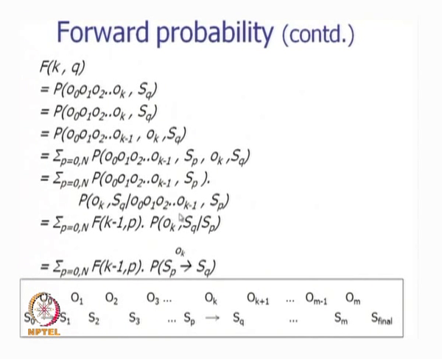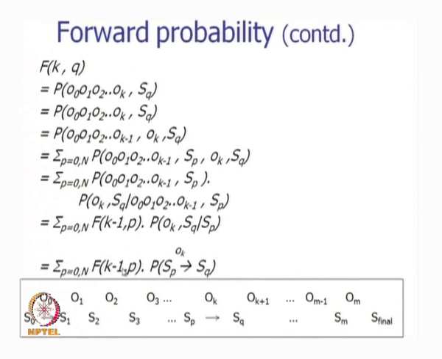Marginalization, chain rule, Markov assumption, and this produces the recursive expression for f k q. And it is easy to see that f k q can be looked upon as the sum of the feeding probabilities f k minus 1 p multiplied by the transition probability.